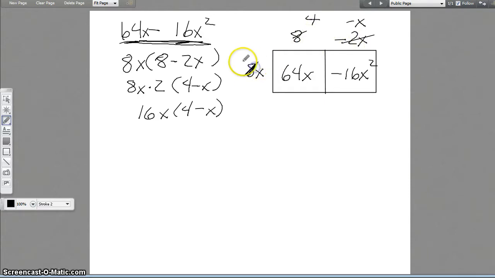So our 8x becomes 16x. So what we have is 16x times 4 minus x. We get the same answer either way. I just wanted to show you the way. So if you start to factor something out and then realize there is still a common factor in the terms that are left, you can still continue to factor.